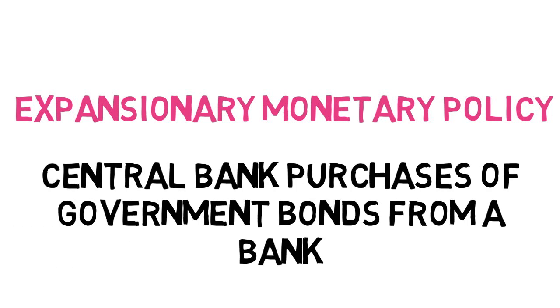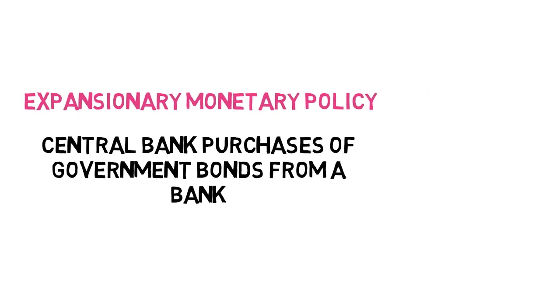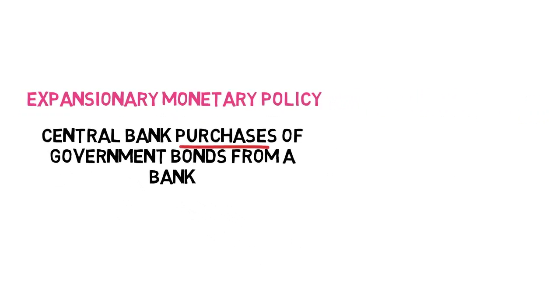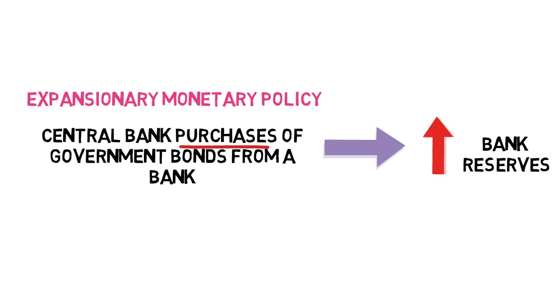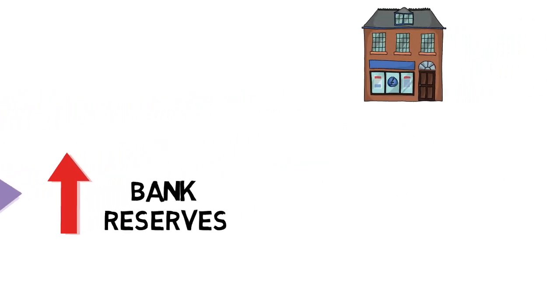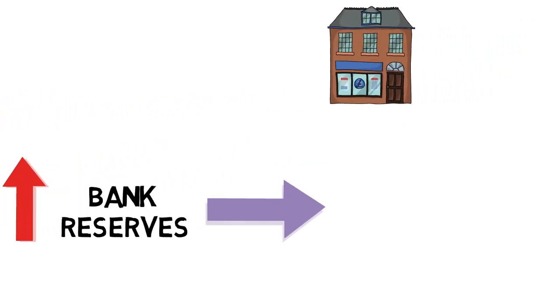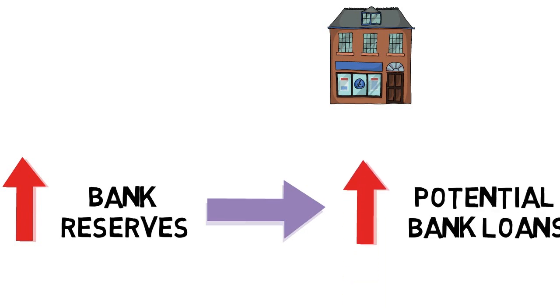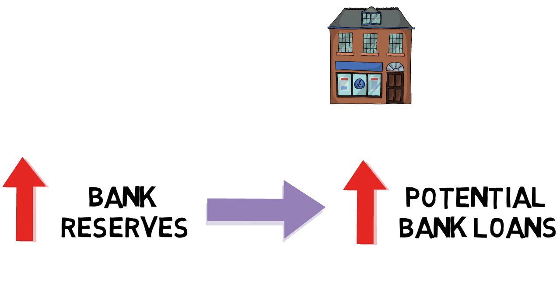There's two ways they can do it. They can use expansionary monetary policy, which is when the central bank purchases government bonds from a bank. So the purchases here are like an injection of cash into the system because they're paid from the bank with cash, so they increase the bank's reserves. So the banks exchange these bonds for cash, making them more liquid. With that increase in reserves, what they can do is they can increase the amount of loans that they provide to borrowers.